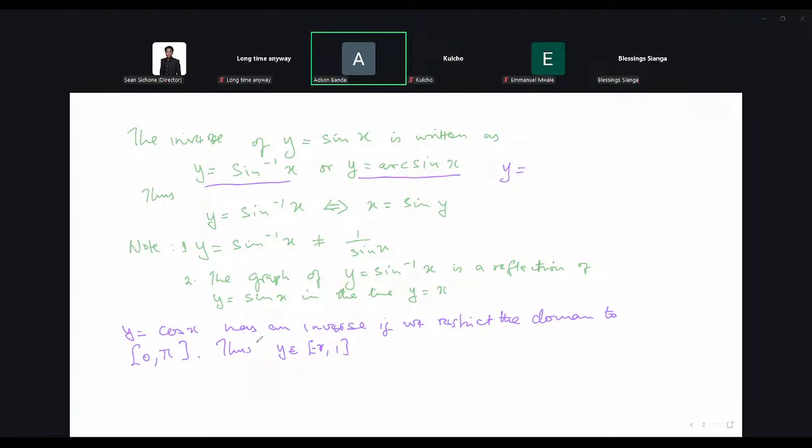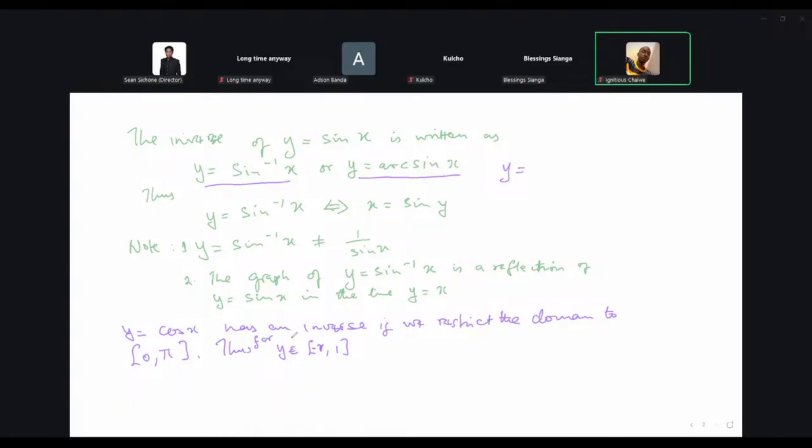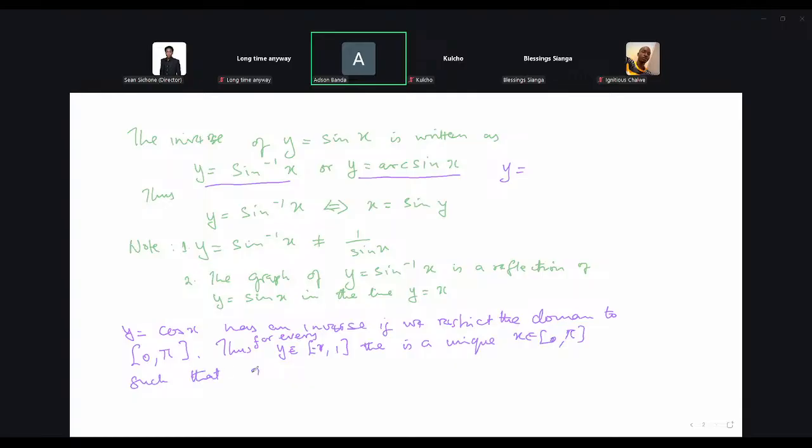So for every y in that range, there is a unique x belonging to 0 to pi such that x is equal to the cosine of y.